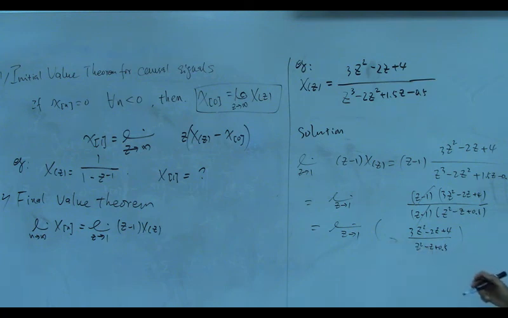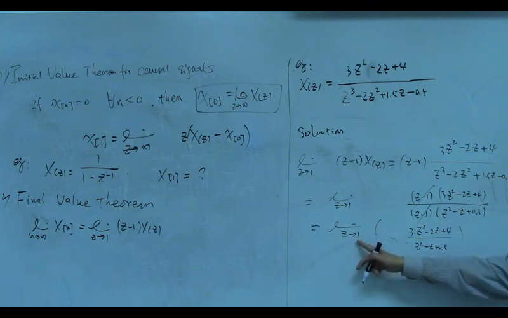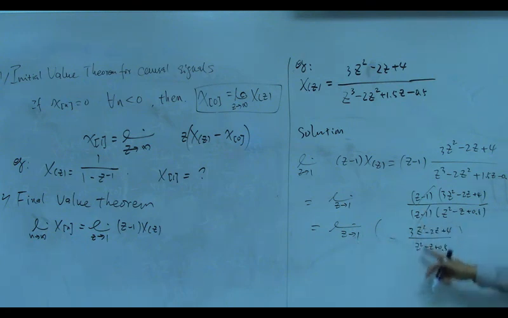What is after z? Is that z plus 0.5? This one? Yes. Because z equals 1 is not a pole of this function, the limit is very simple. You just plug z into here and that's all.